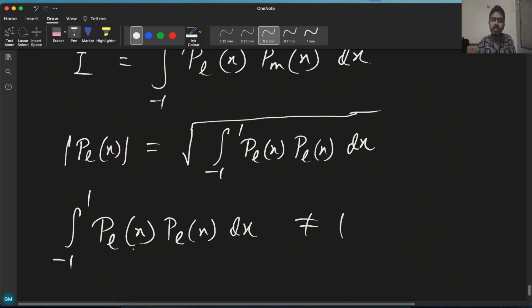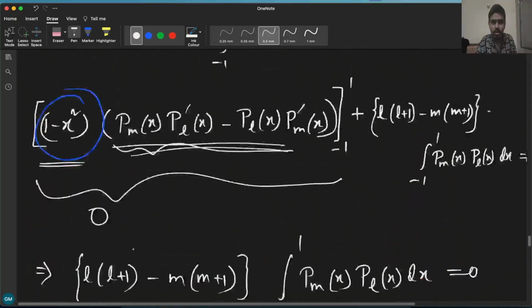It is analogous to unit vectors: these are not unit vectors if I'm talking about vectors. So we need to normalize them. That's the basic idea.